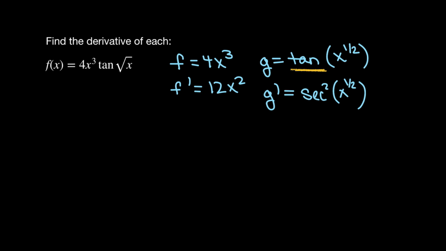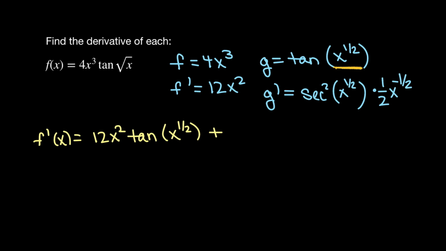So tangent of x to the 1/2, I'm going to get secant squared of x to the 1/2. The inside function is x to the 1/2, and the derivative of x to the 1/2 would be 1/2 x to the negative 1/2. So I use the chain rule to get my g prime, and then I'm going to put this together into my product rule.